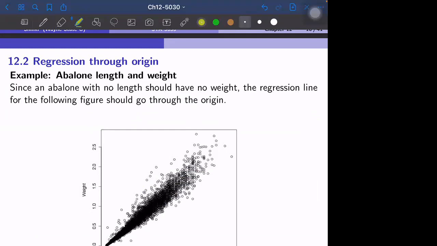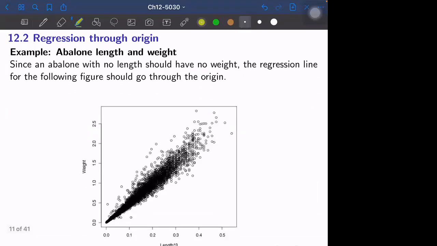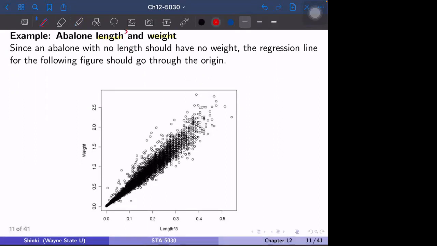Okay, example. Abalone length and weight. So think about the relationship between the abalone length and weight. Since length is one-dimensional and weight is three-dimensional, we just take the cube of length. Then the x-axis is the length cubed, and the y-axis is weight.